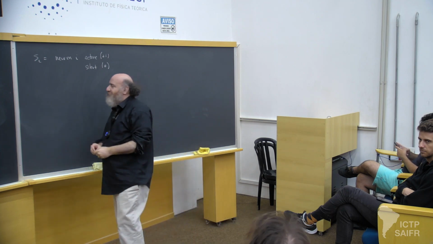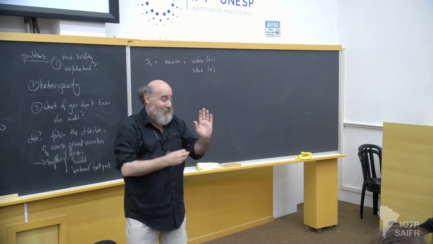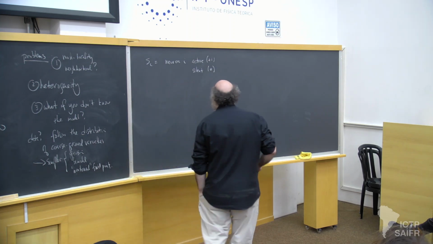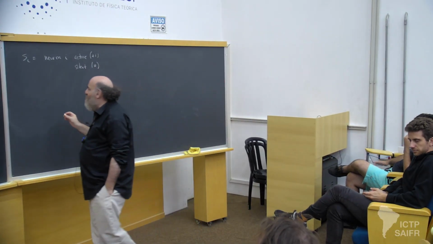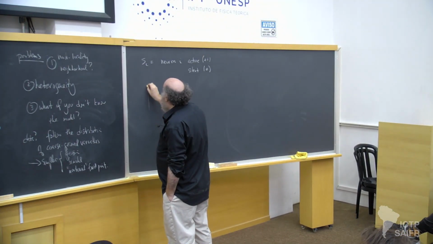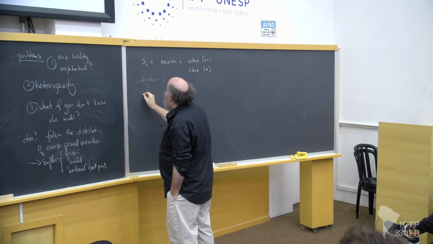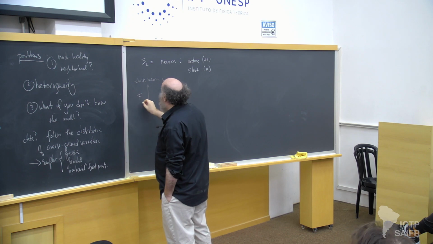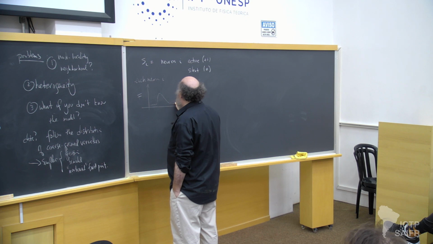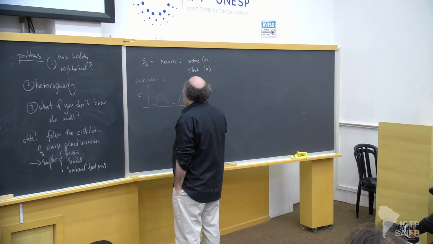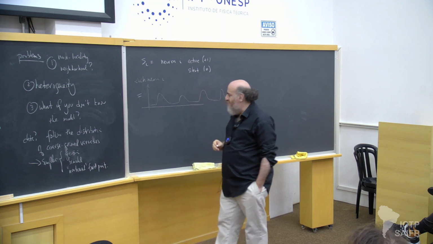So the result is, okay, I wanted to emphasize how hard these experiments are. They're really extraordinary. The end result is that for each neuron, you get a signal, which is essentially a fluorescence signal. And it looks like this.